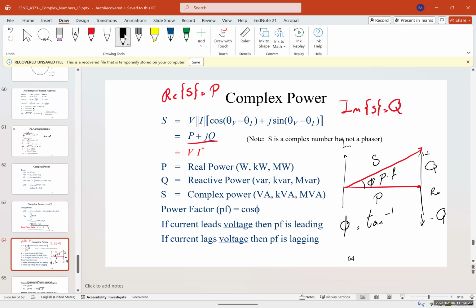Phi is going to be the tan inverse of what? Or, in other words, phi would be equal to cosine inverse, or arc cosine, of what? Q over S or P over S?